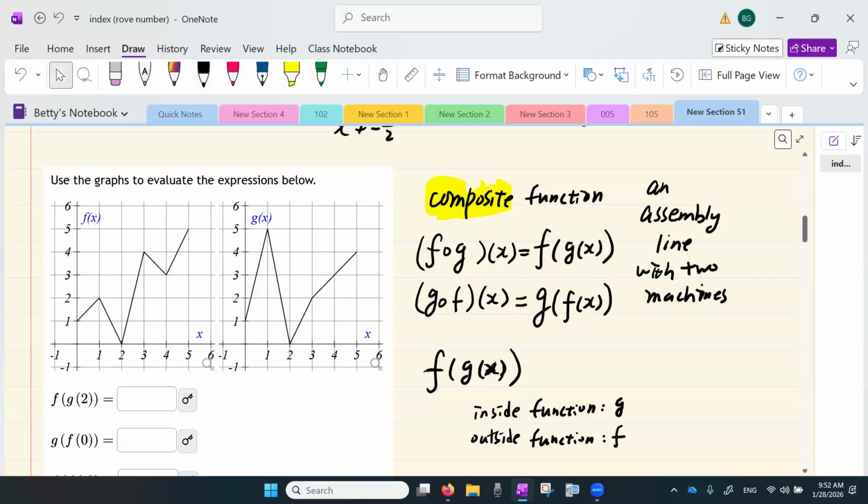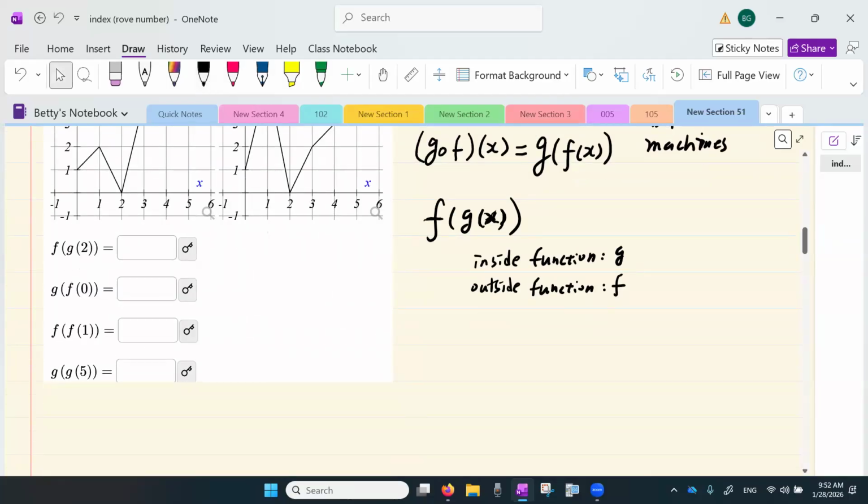Then this composite function can be described as an assembly line. It has two machines. What happens is the input goes through the inside function first. The input x goes through the inside function first, and you have a semi-product, let's say u. u here is g of x.